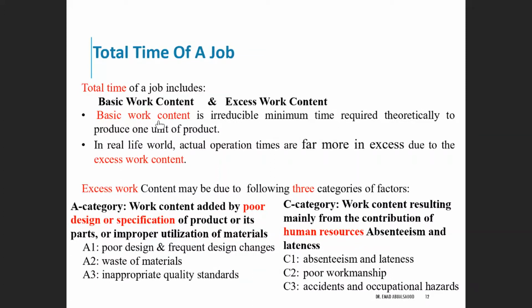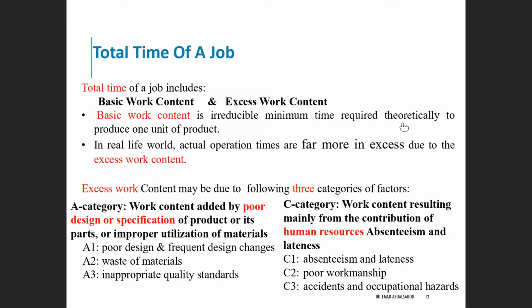That we can consider it the basic work content or the standards, the reference work content. So we cannot reduce it, and it has to be designed, as we said, theoretically calculated, not arbitrarily.